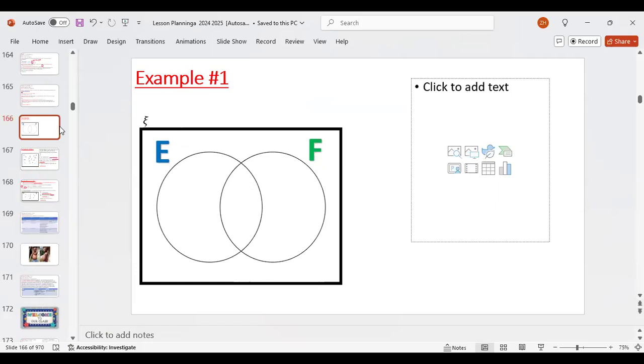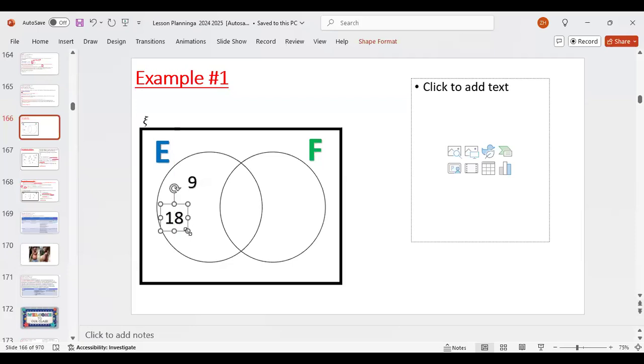And inside the first set, where it's E only, I'm gonna put 9 and I'm gonna put 18. So we have 9 here, right? And then we're gonna put 18 here. 9 and 18.